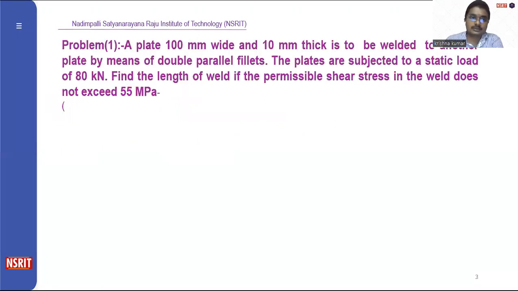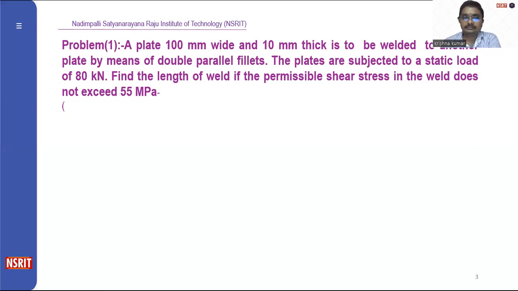Consider a problem on a plate 100 mm wide and 10 mm thick, which is required to be welded to another plate by means of double parallel fillets, where the plates are subjected to a static load of kilonewtons.